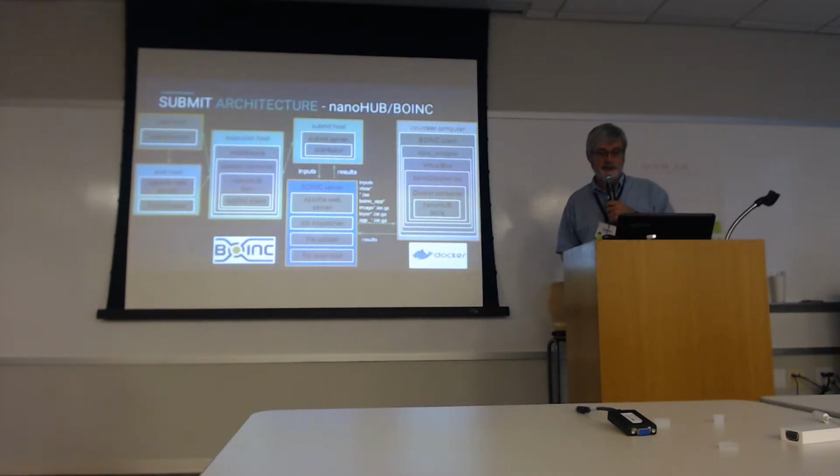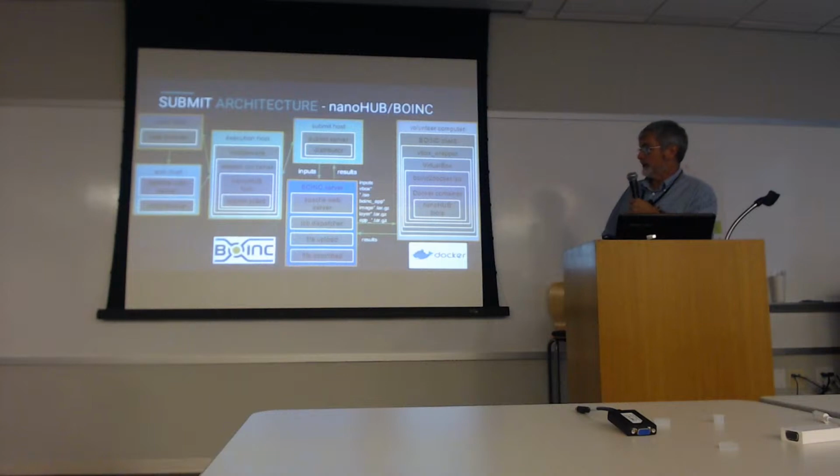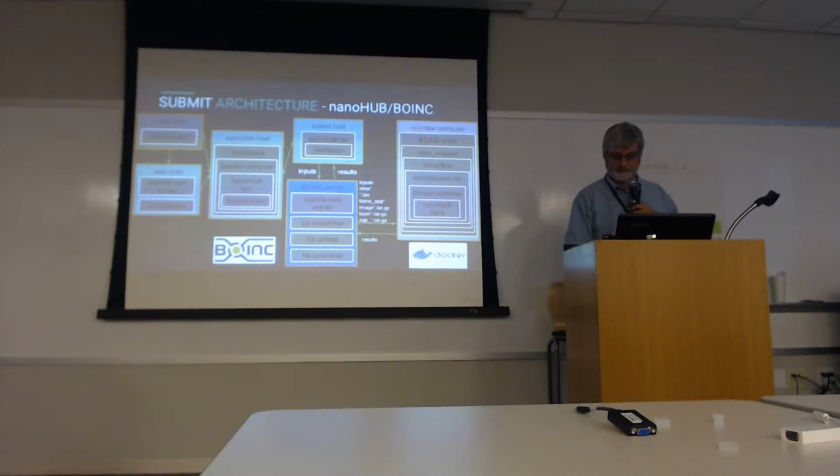So that's why we do that. The other important point is that the environment created within the Docker container matches the same environment that's available on the local execution hosts. So again, we don't have to refactor or reformulate the simulation code to run on BOINC. We can just take it natively and put it there.